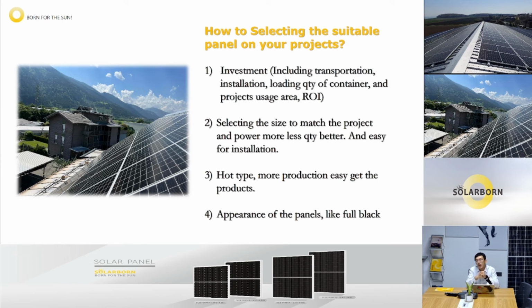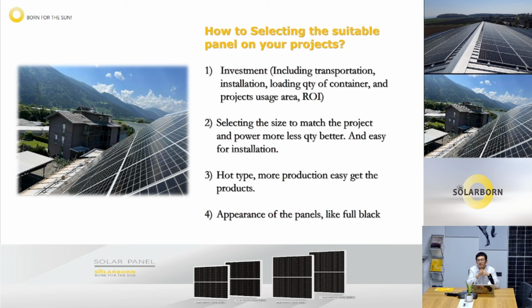Generally, for the hot types, we do quantity production order by order. If you order earlier, we will arrange the production earlier for you. We can even arrange from what we have already produced. If the type is what you want, we can deliver it to you very fast, like in 10 days or 15 days.